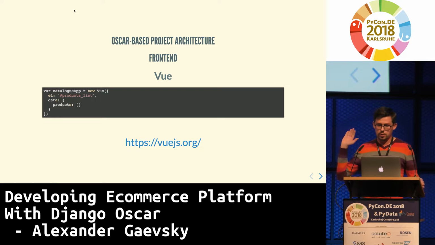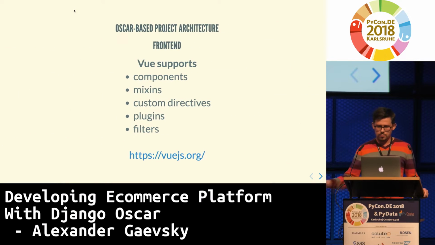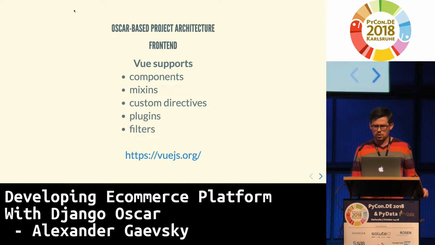And the simplest Vue application is this. You can later on load products from the API, and so on. Vue is also powerful. It has components, mixins, custom directives, plugins, filters, and so on. React has, I suppose, more power under the hood, but if you want to develop fast, I would recommend Vue.